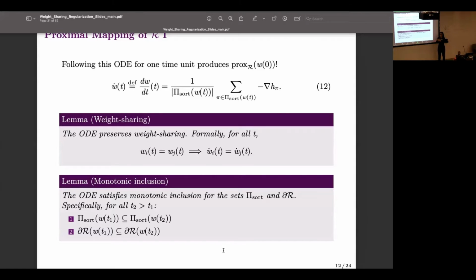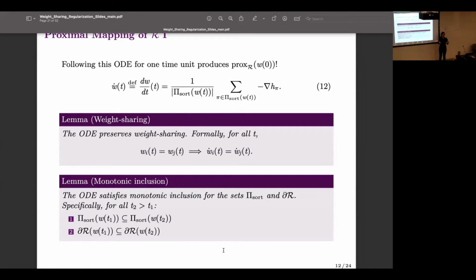If you have a sorted W and you move some step further, it means that some weights are getting equal and they are sticking to each other. So in the next step, they are still included in the next sorting, because in each step you are only adding to the equal weights.